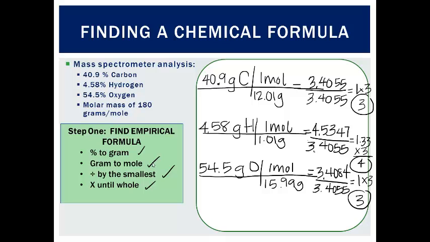Percent to gram, gram to mole, divide by the smallest, multiply till whole, and here is my empirical formula. C, over here, carbon led me to 3, so C3. Hydrogen gave me a 4, and oxygen gave me a 3. So, I found my empirical formula.